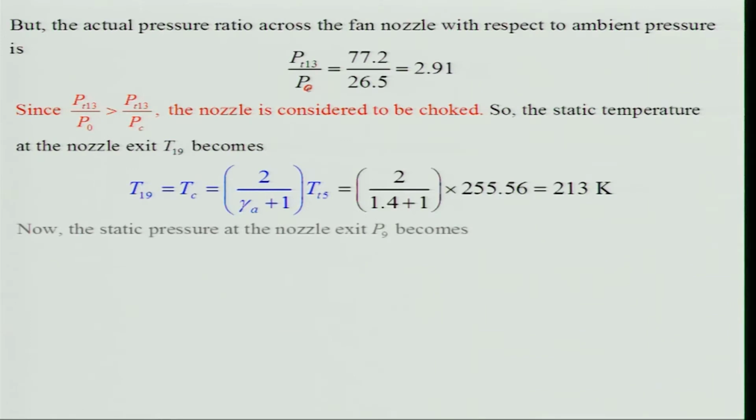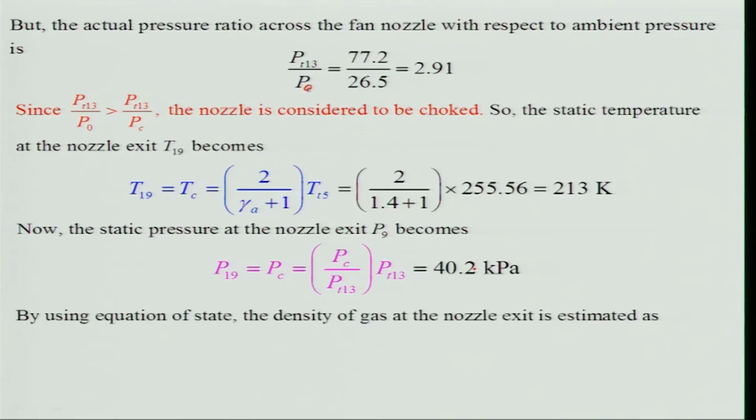So, the static pressure at the nozzle exit P19 becomes P19 by Pc, and Pc by PT13 we have already evaluated. So, you will get P19 as 40.2. That means P19 is not the same as the ambient pressure, which happens to be 26.5 kilopascal, but now it is 40.2 kilopascals.